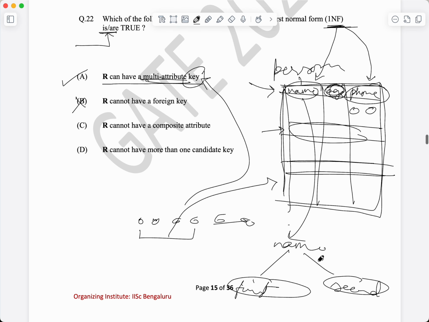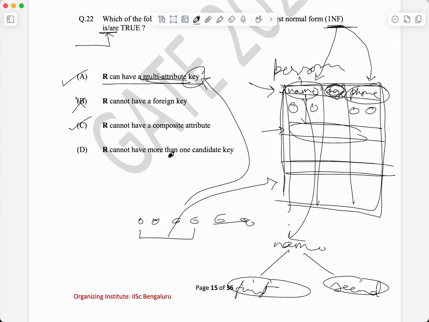So suppose every record has a first name and a second name. That is not possible. Either you have first name and second name, but you cannot have two values inside of this, right? Does not matter if it is even in a composite format, it is still multiple values that you are storing inside of a single attribute. That is not possible. So statement C, that R cannot have a composite attribute, is actually true.